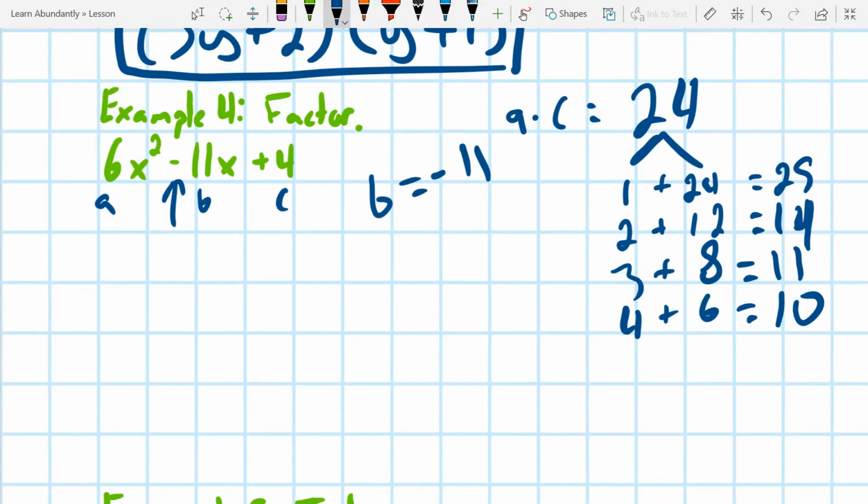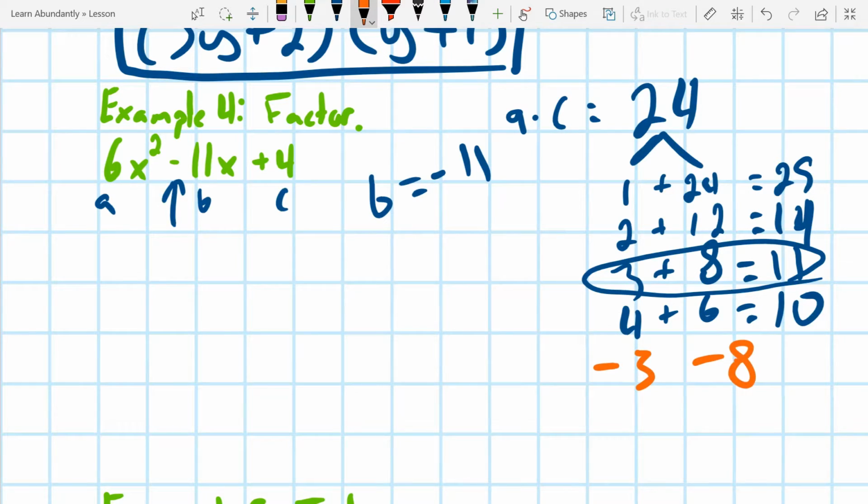So the number pair that looks like it would work would be 3 and 8, but that would give me a positive 11. So how do I make it into a negative 11? Well, a little trick we can do here is we can say, instead of 3 and 8, what if we had negative 3 and negative 8?